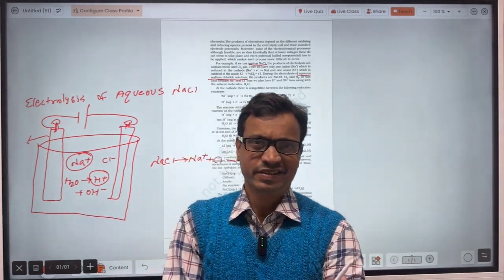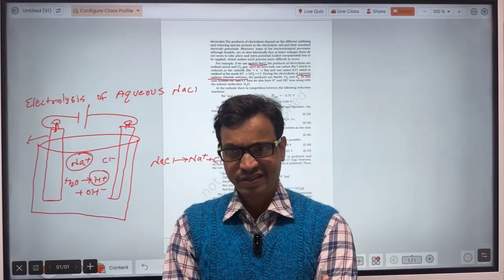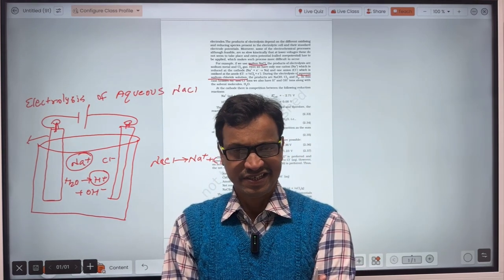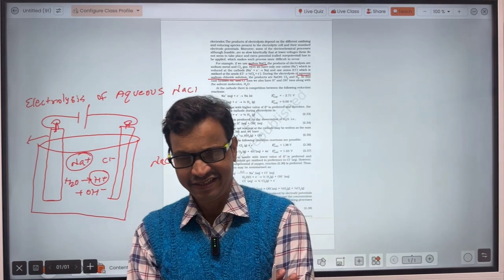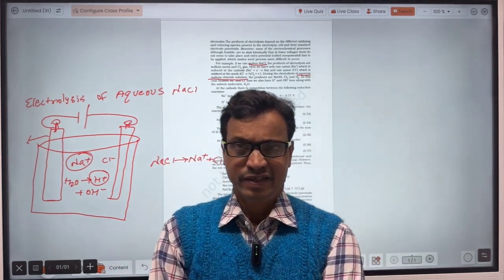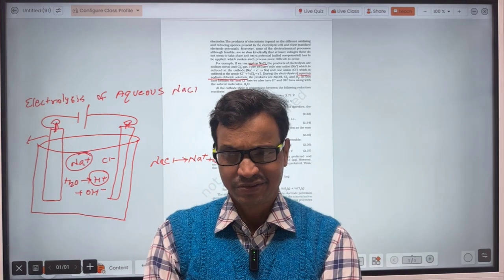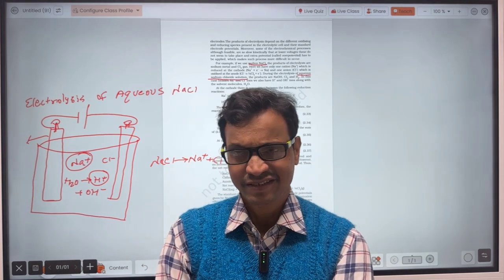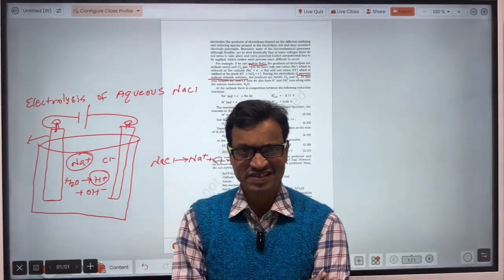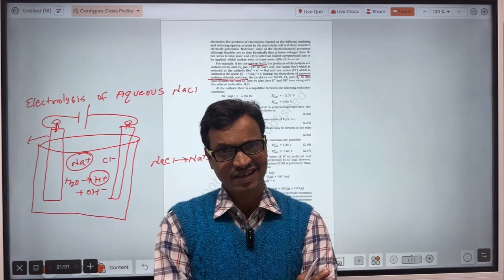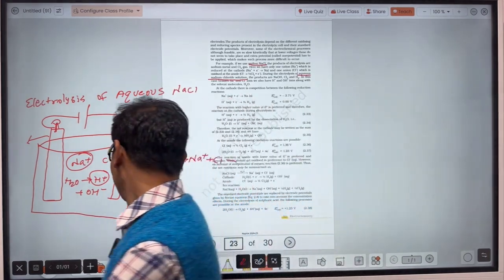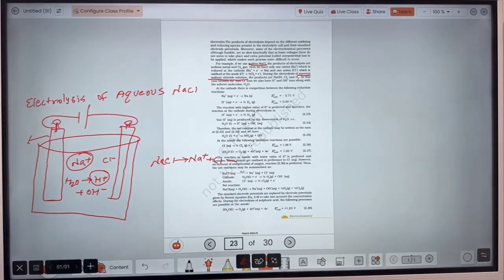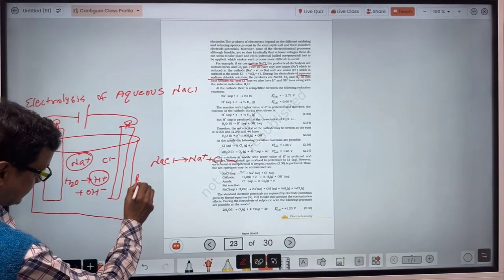You already know that in water the concentration of H plus ion is 10 raised to the power minus 7, and when any electrolyte is added to the water, the concentration of H plus ion as well as OH minus ion increases tremendously. So what happens here? Reaction at the cathode.